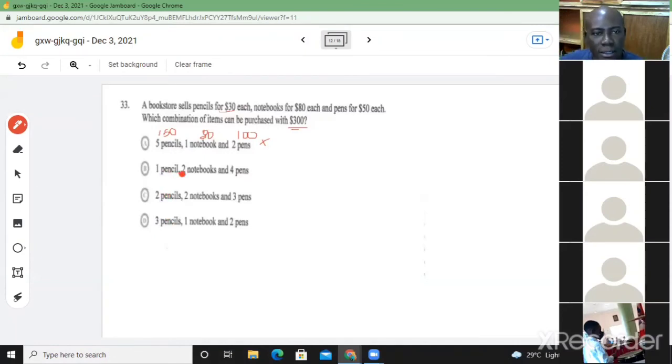1 pencil is $30, so we'll put our 30 there. 2 notebooks, that's $160 there. 4 pens, that's $200.